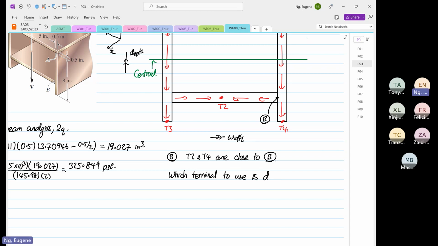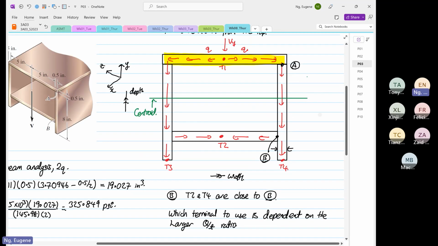It is dependent on the larger Q over T ratio. Okay, on the larger Q over T.